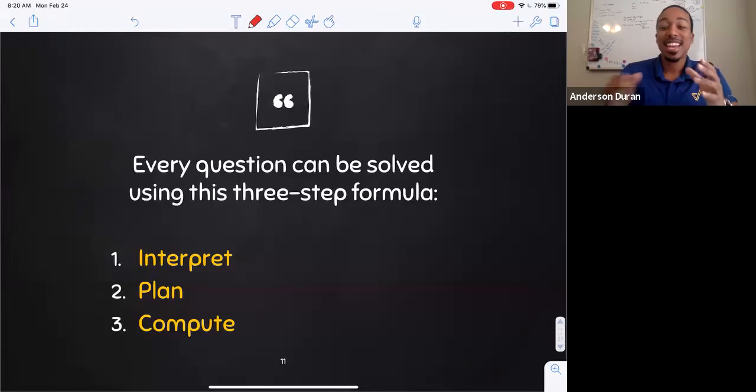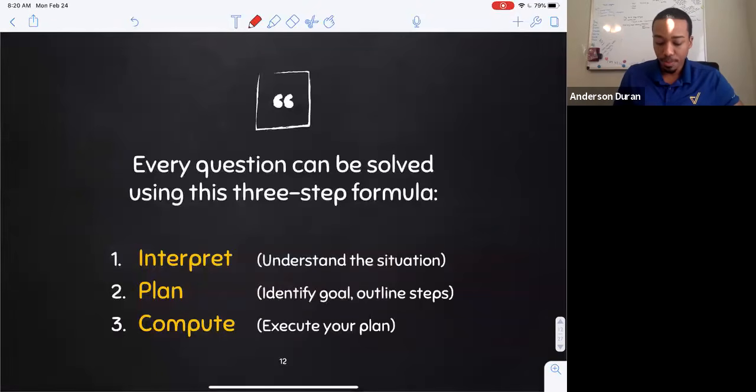That's going to happen if we are not disciplined. We have to be disciplined about our approach, and being disciplined means not picking up your calculator first. Remember that your calculator is a tool. Do not pick it up before you are done understanding what you need to do with it. All right, that's the idea here. I'm going to scroll down to show you the three steps. Interpret: understand the situation.